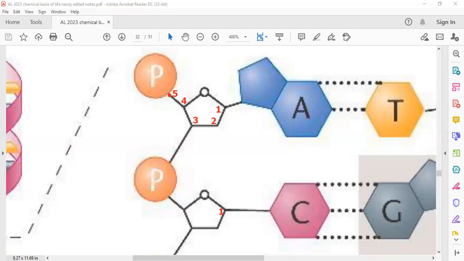Here is the second carbon. Here is the third carbon. Here is the fourth carbon. And here is the fifth carbon.